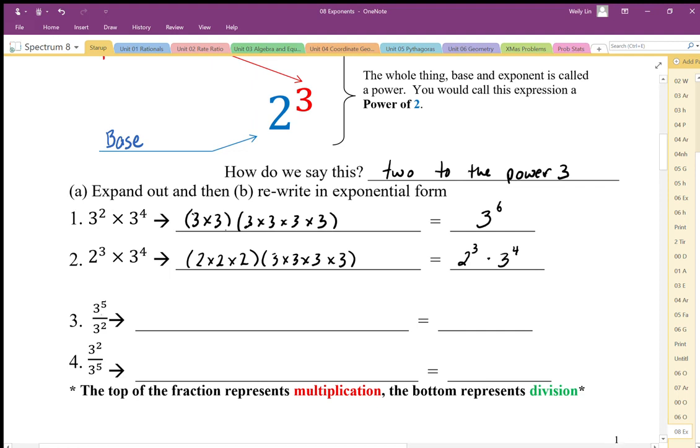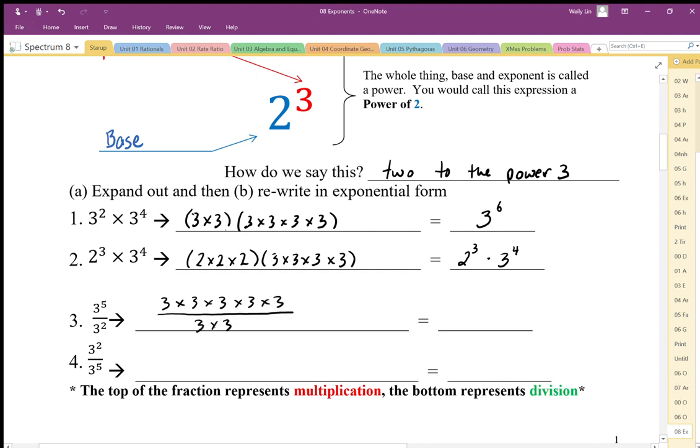So here, this is divide, but since exponents are counting times, really, they are related to division. In fact, we can undo multiplication with division. So I can write 3 times 3 times 3 times 3 times 3 on top. And in the denominator, I can have 3 times 3.